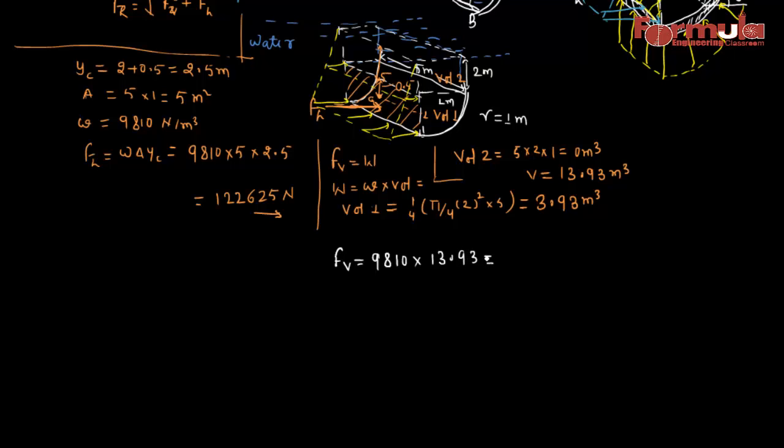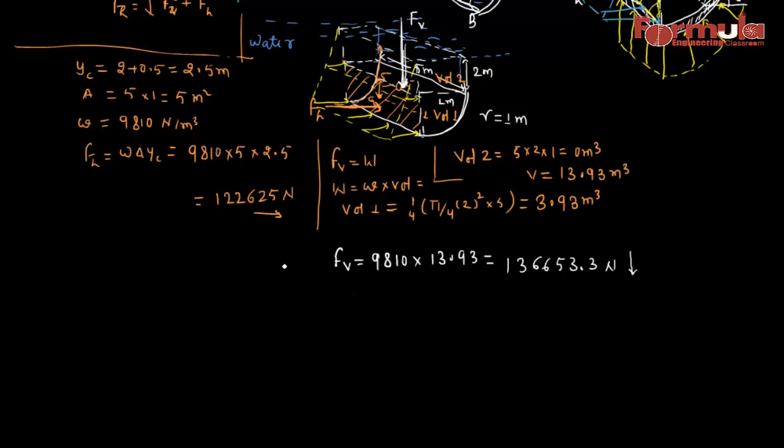So 13.93 into 9810 is 136653.3 Newton. Okay, and this is the vertical force, and obviously this is the weight of the water, so this is acting in downward direction.